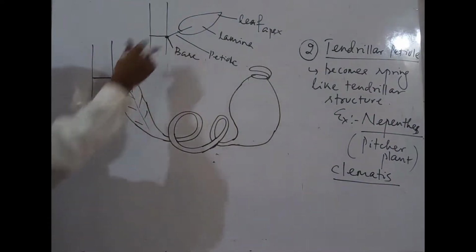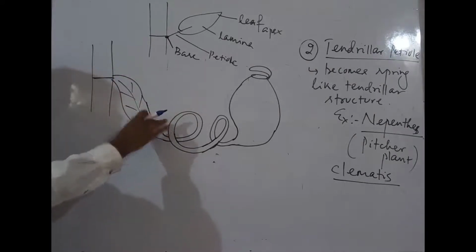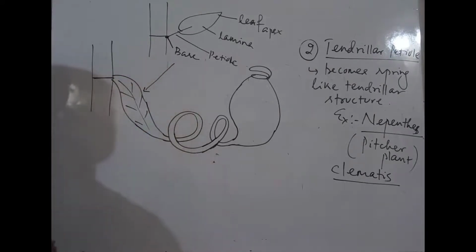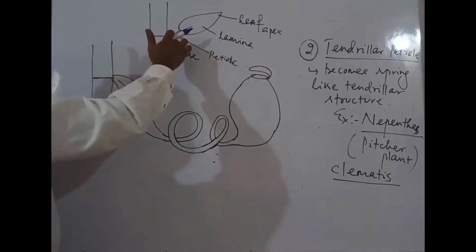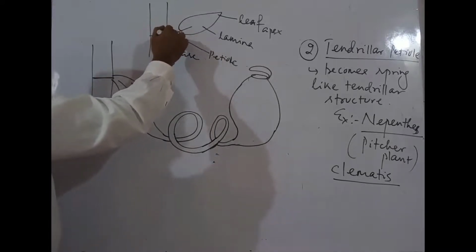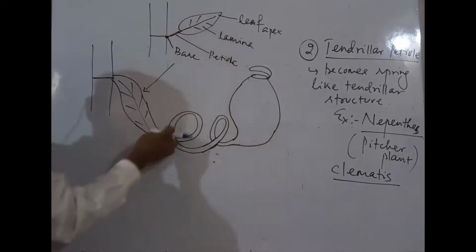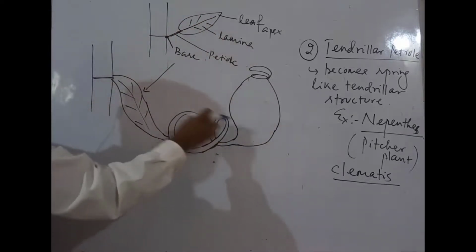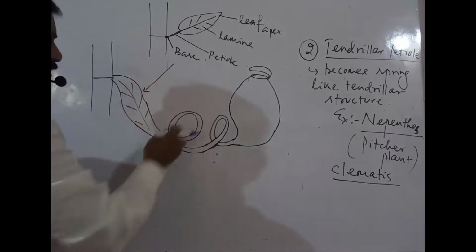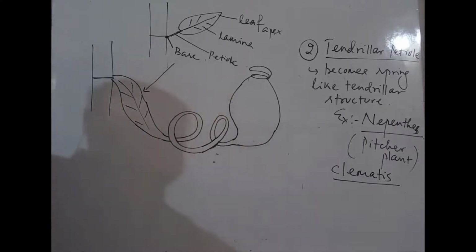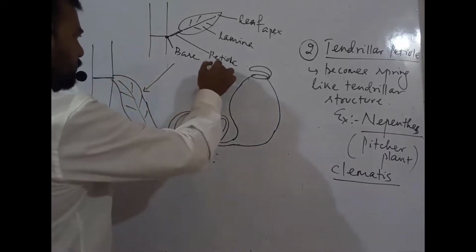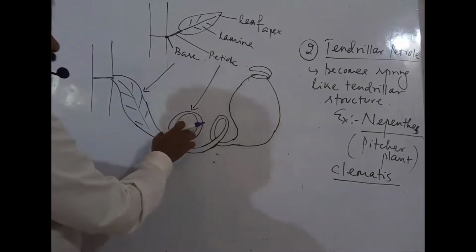You just look, the base is modified to a green flattened structure. And as in the normal leaf, there is the petiole, the stalk, which is called the petiole. The petiole becomes a tendril, the spirally coiled or spring-like structure. That is a tendril. So this one is the tendrilar petiole.